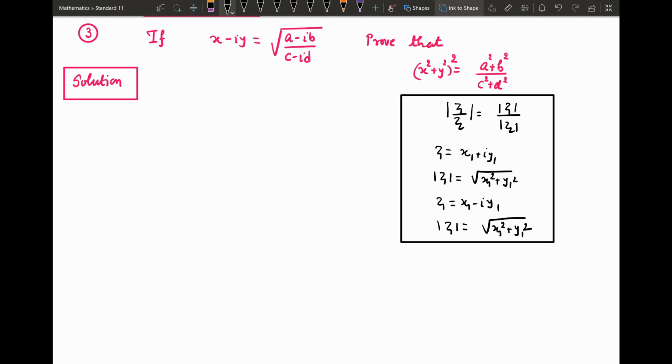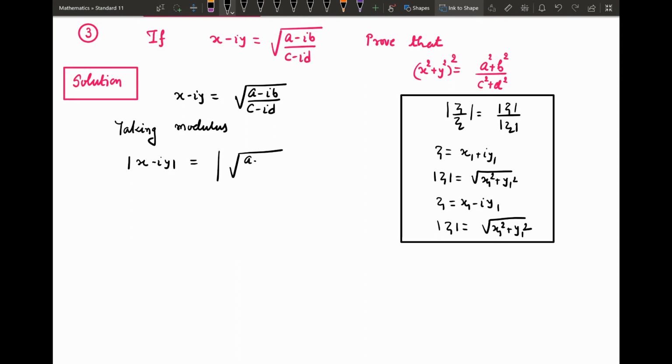So we are given x minus iy equals under root a minus ib upon c minus id. Taking modulus, mod x minus iy equals modulus of under root a minus ib upon c minus id.